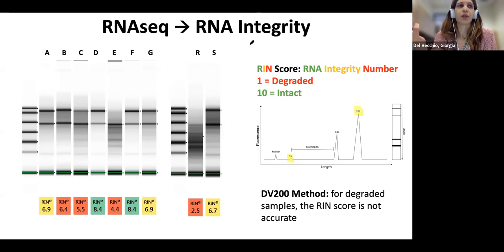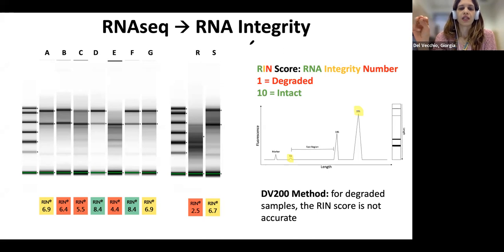If I'm performing NGS library prep, no, because even if it's fragmented, I don't care, because anyway I have to fragment my DNA, so who cares? But if you are about to perform library prep for a third generation sequencing instrument like Nanopore or PacBio, it does matter. Here, the RIN score is really, really important.